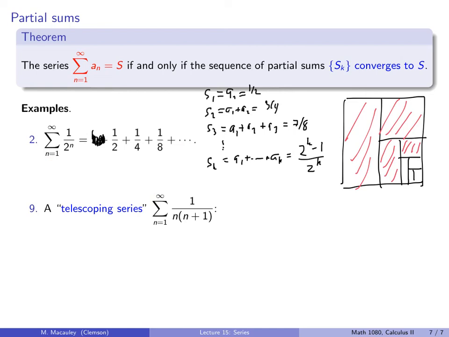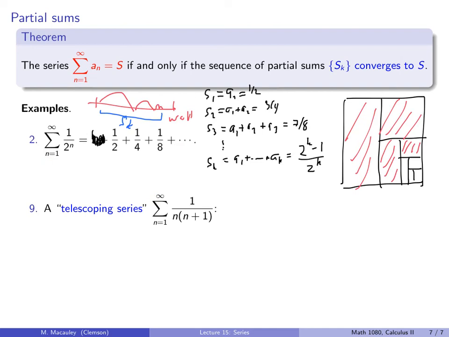If you think about the frog analogy, the frog jumped into the wall. Remember that one? Here's the wall, and the frog is halfway. The kth partial sum is the total amount of distance that the frog has traveled in k steps.